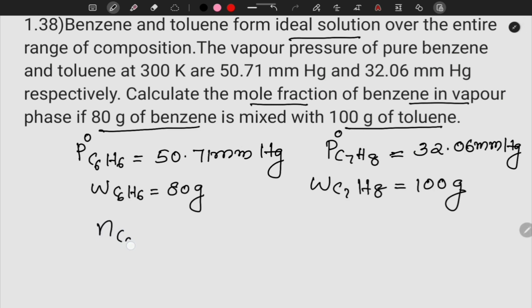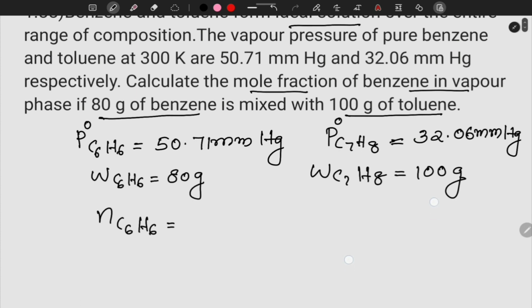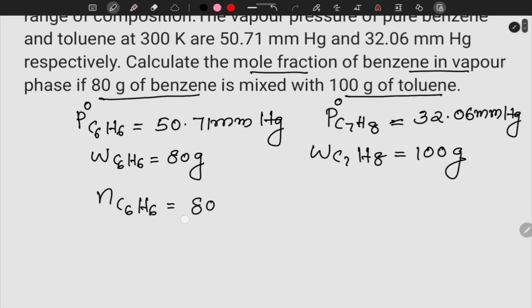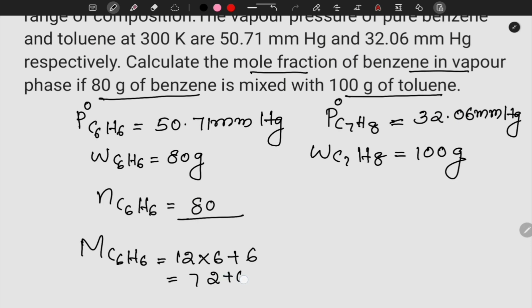Number of moles of benzene is equal to mass by molar mass. So 80 by the molar mass of benzene, which is 12 into 6 plus 6 into 1, 72 plus 6, 78 gram per mole. So 80 by 78, we will get 1.026 mole.